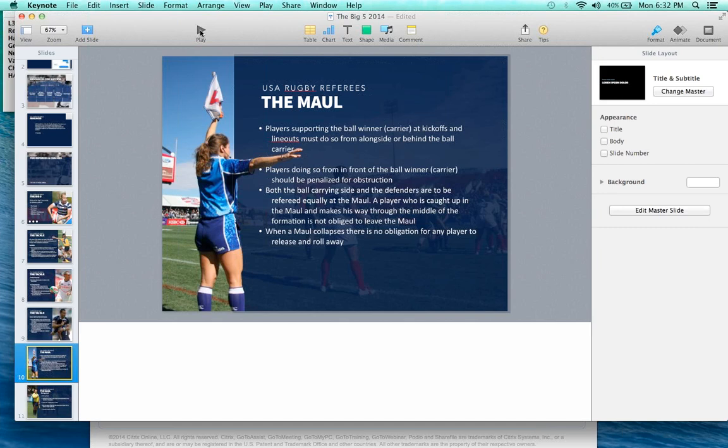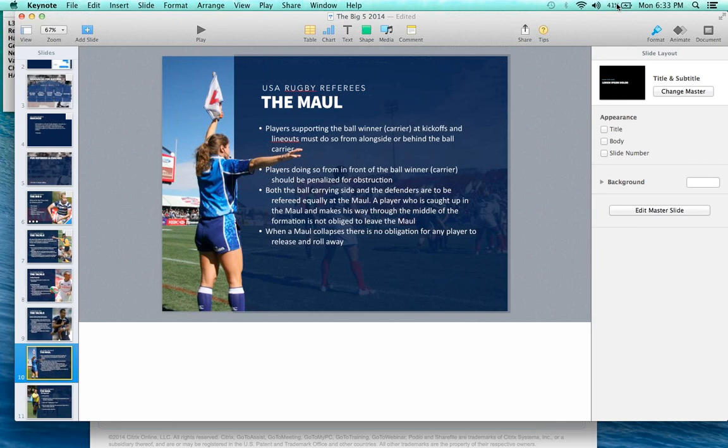Once the maul gets up and moving, it is a positive thing to keep it moving. If it's going to stall and stop, you'll announce "use it, that's once." When you announce that's once, you're announcing that to the scrum half, most likely, to let them know that's their one shot to either get it moving again or the 5 count starts for them to use it or lose it.